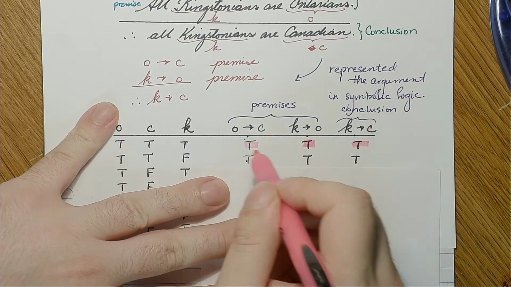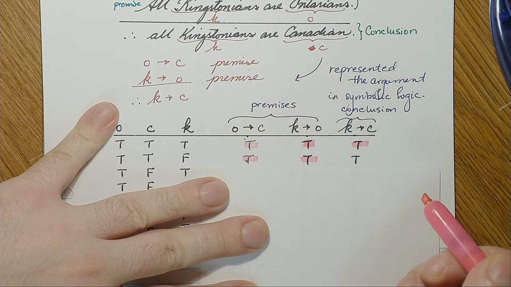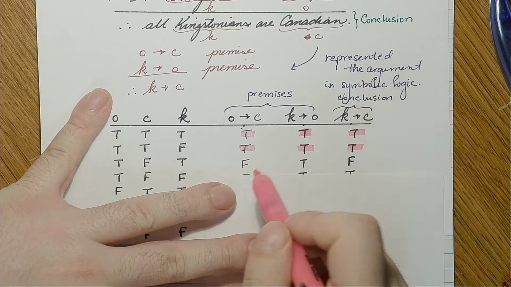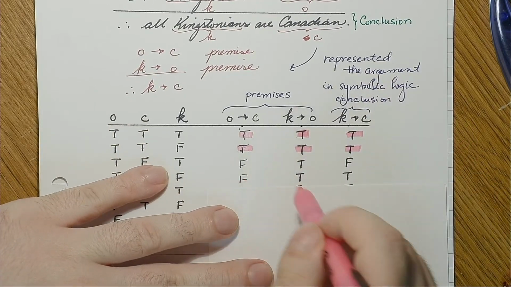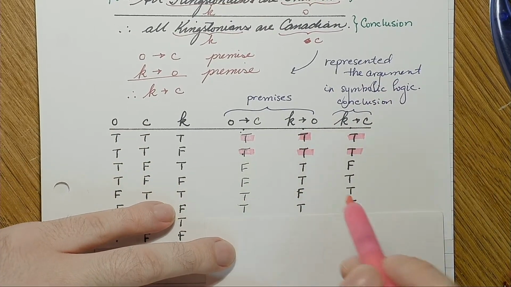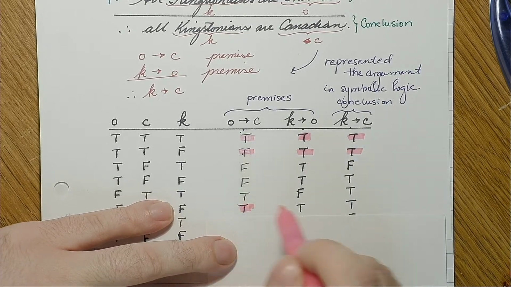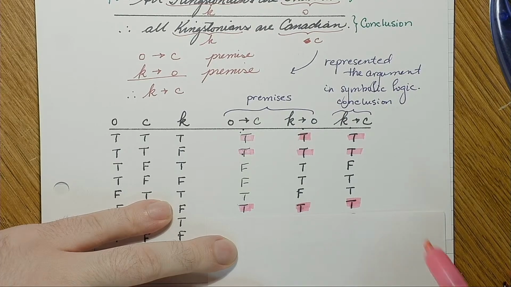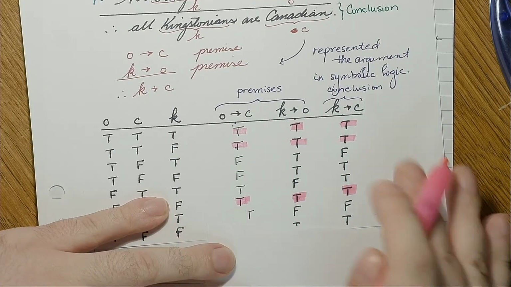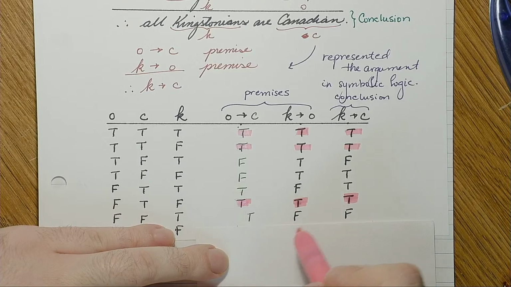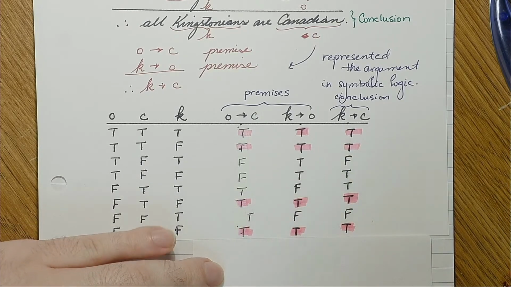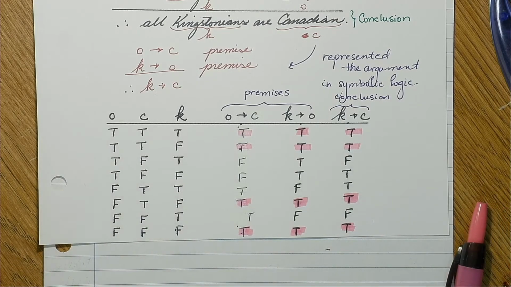We have another case where both premises are true and the conclusion is still true. We have false and true, we don't care. We have another one right here. So this is still true. And don't care. And the last one. There we go.